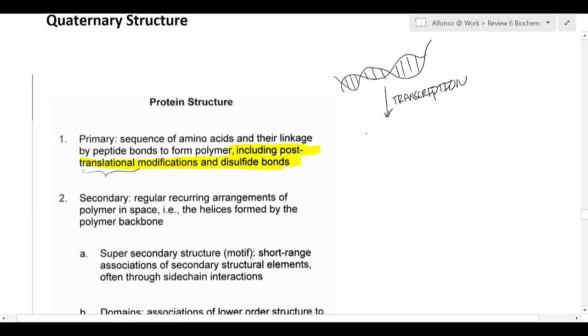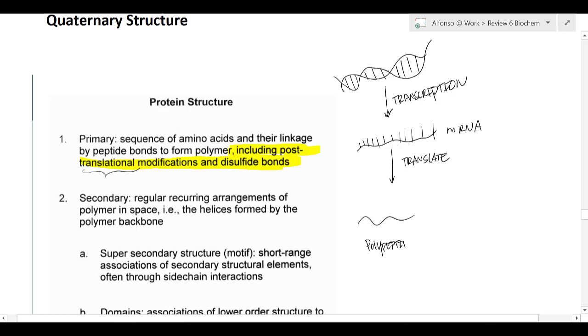So you transcribe DNA and you end up with what? mRNA, perfect. Okay, so this is mRNA. And then what do you do to mRNA to turn it into a polypeptide? Translate. Okay, so when you translate mRNA, you get a polypeptide.